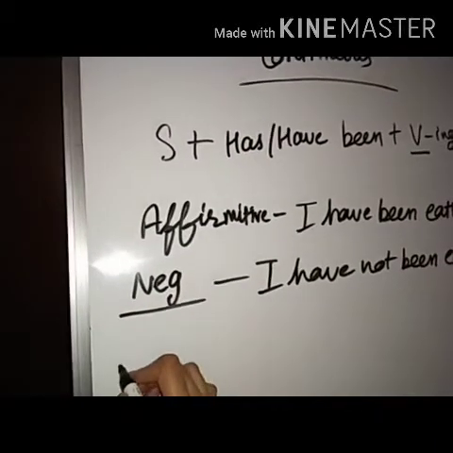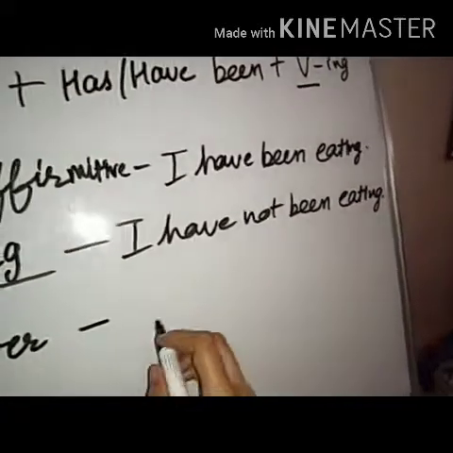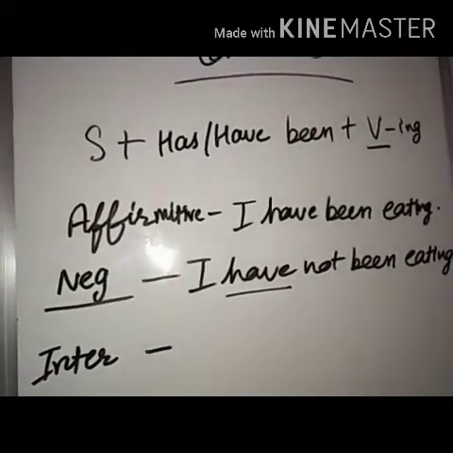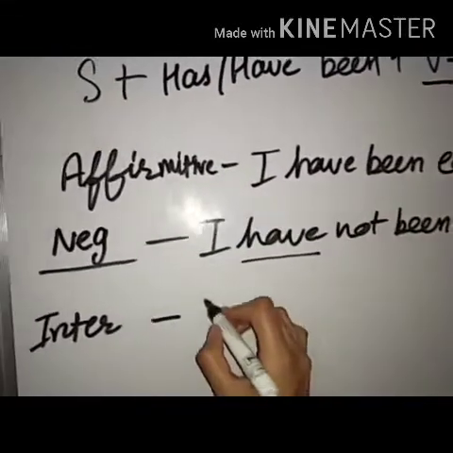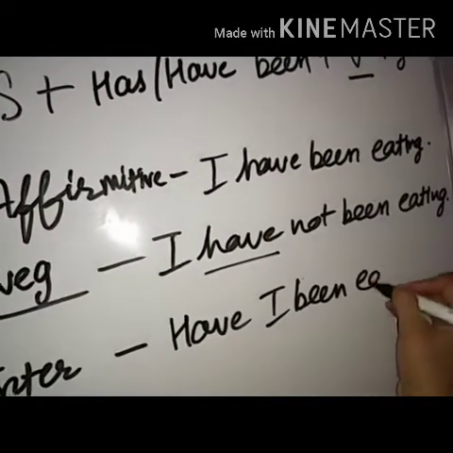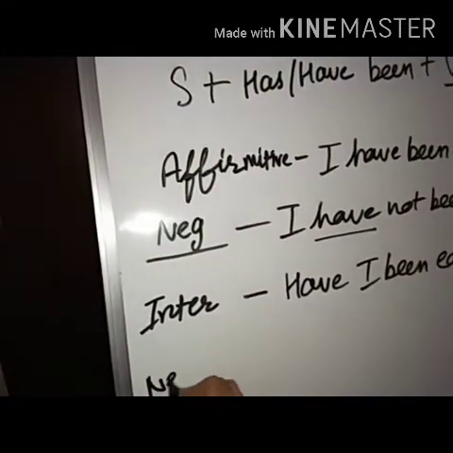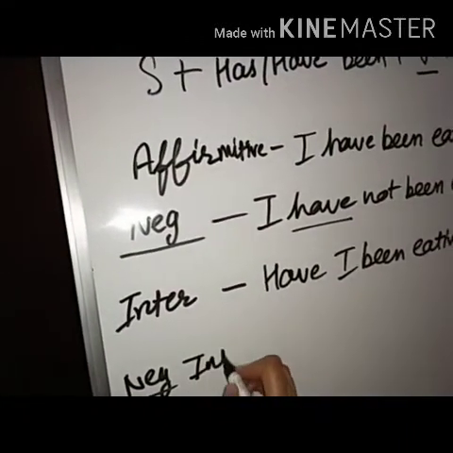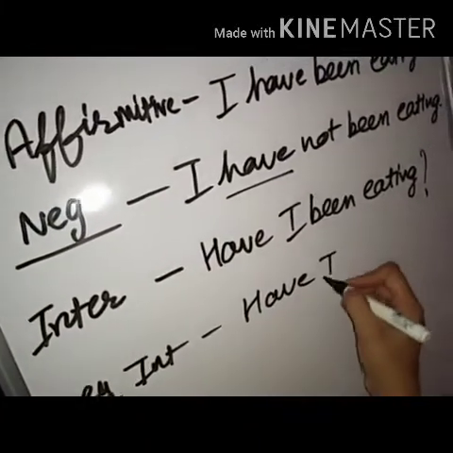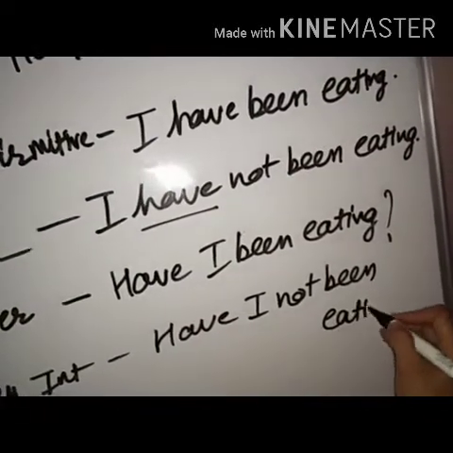Then in interrogative, same, the have or WH word will come at the beginning of the sentence. Have I been eating? And in negative interrogative, have I not been eating?